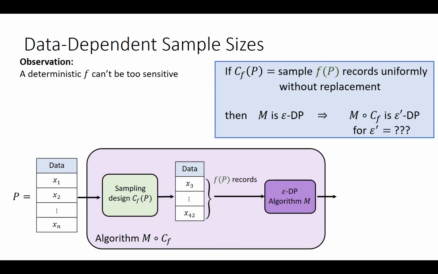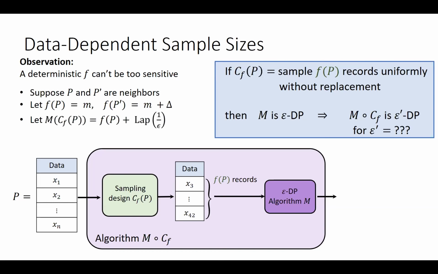The reason for this is, suppose you had two neighboring populations, and suppose F of P was some value M on one population and F of P prime was M plus delta, for some reasonably big delta, on the neighboring population. Then if I look at the bad mechanism M, which is the canonical noise adding mechanism for differential privacy, where you add Laplace noise scaled to 1 over epsilon, then the privacy guarantee of this thing is delta times epsilon.